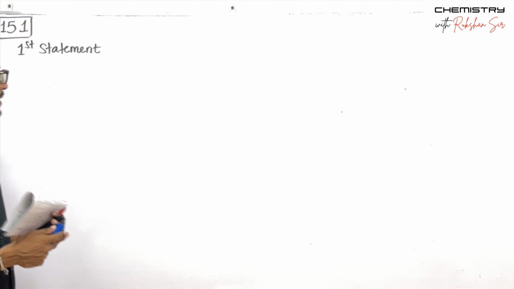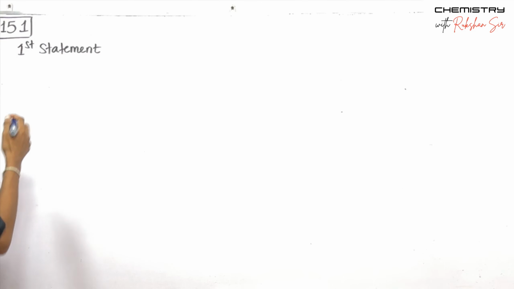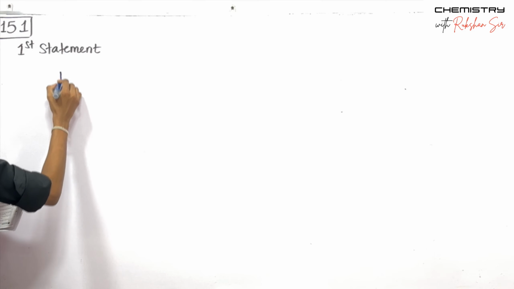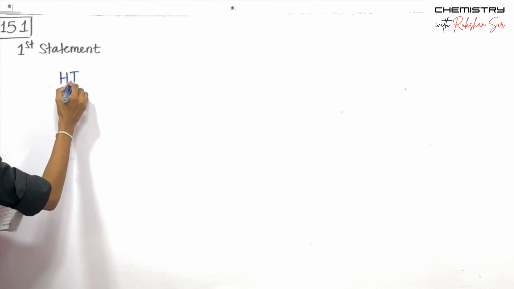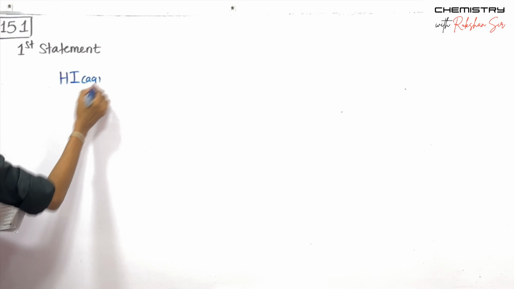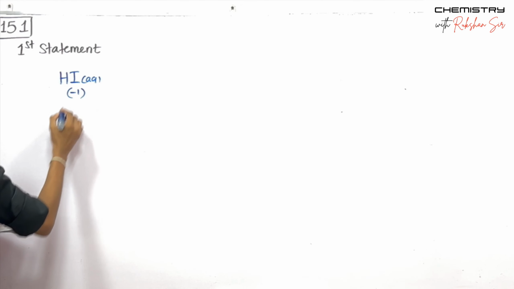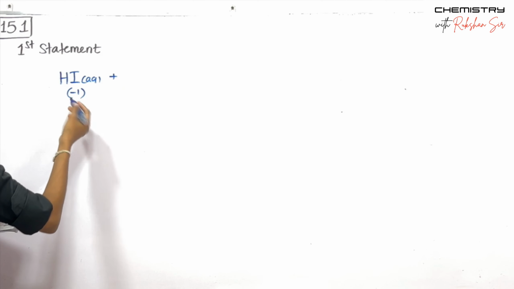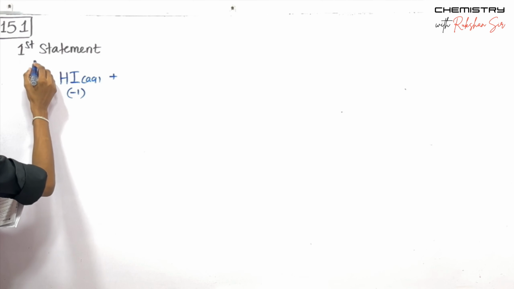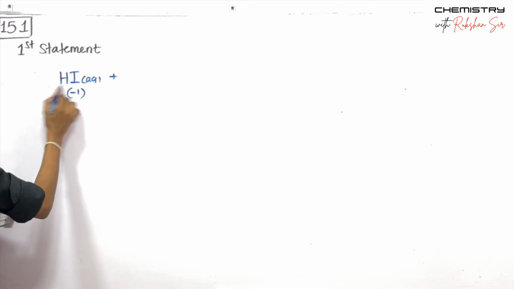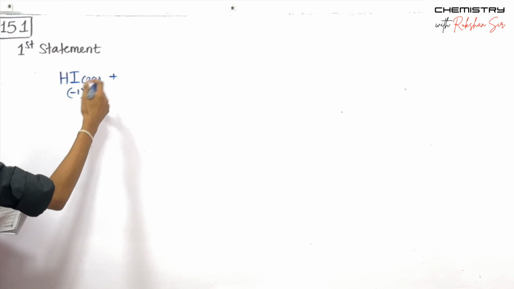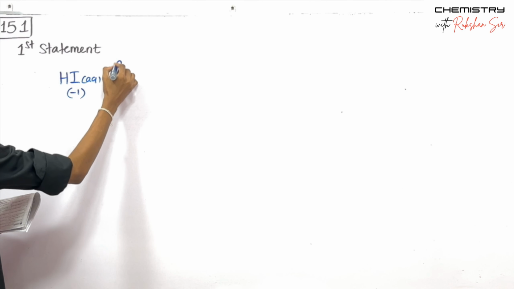Let's see what happens if the HI is to react. Here you have the -1 oxidation state of iodine with the acidified dichromate in acidic medium. This is in acidic medium, and they are saying acidified dichromate.